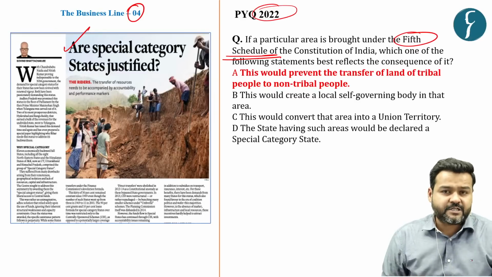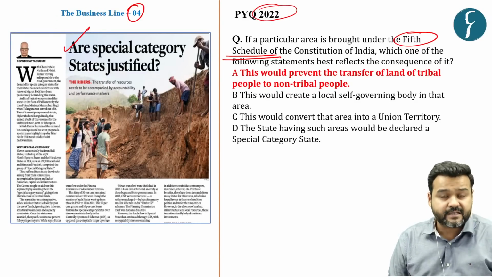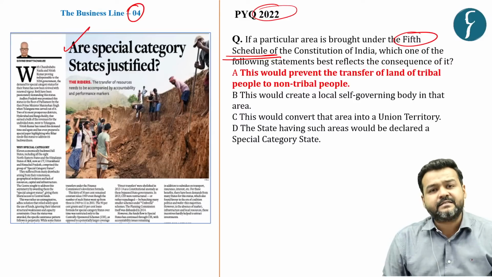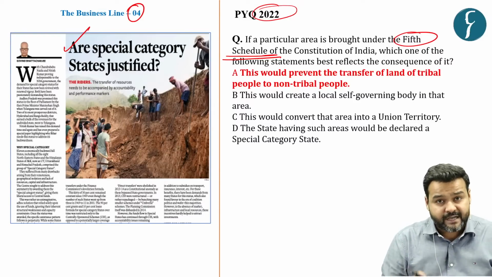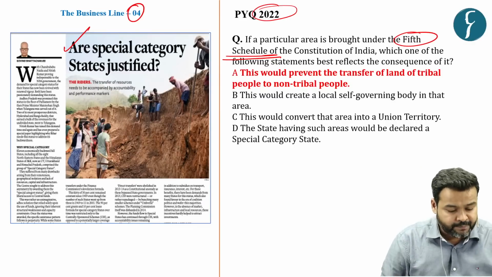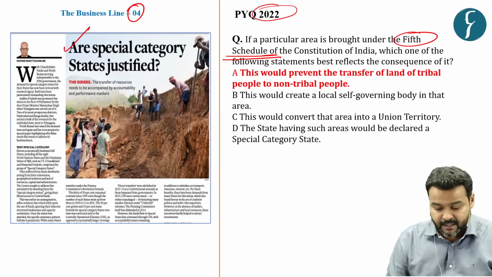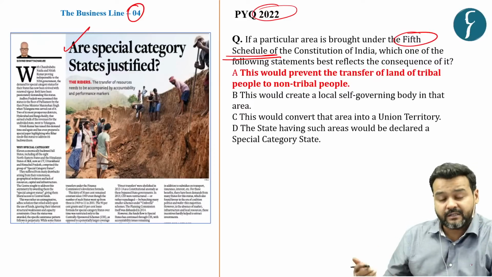So what is a special category state? As you can understand through this nomenclature itself, it provides central assistance to the states who are facing geographical or socio-economic disadvantages. So, special category status. And what are the benefits?